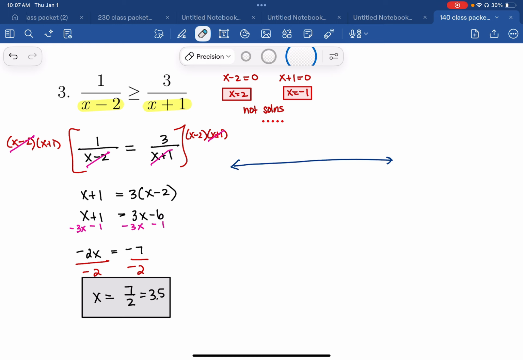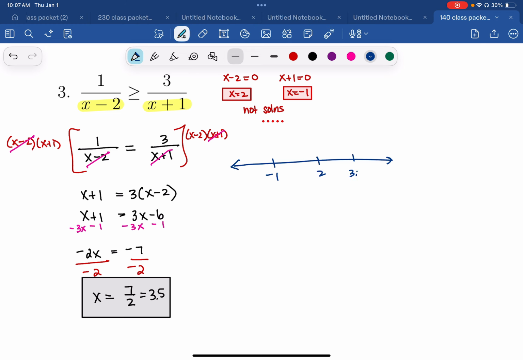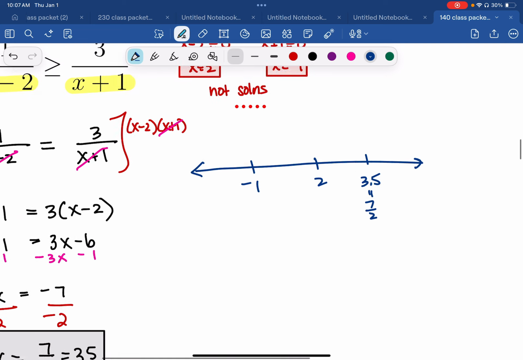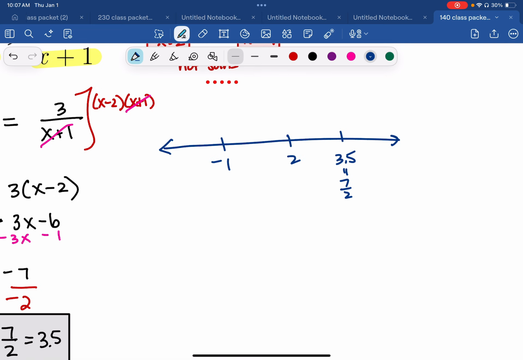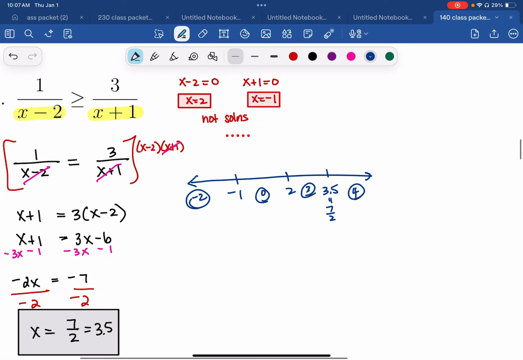So we're going to have a -1, 2, and our 3.5 or our 7 halves. We're going to test each of those intervals. So we're going to be testing -2, 0, 3, and 4 and see what happens.